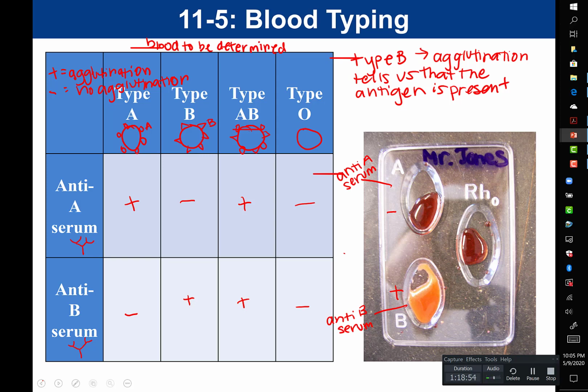If we get agglutination in neither A nor B, that means that they don't have A carbohydrates, they don't have B, and that person would be determined to be type O. And so this is how we determine blood typing. We do this setup with these antiserums to detect the presence of those antigens. If those antigens are present, that tells you that those carbohydrates are on the surface of the blood cells. And so that is how we would determine blood type.